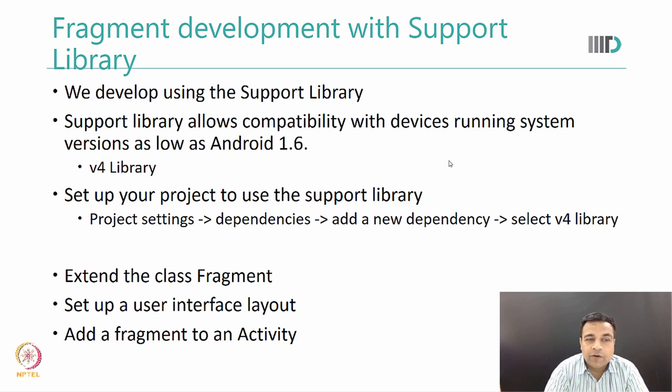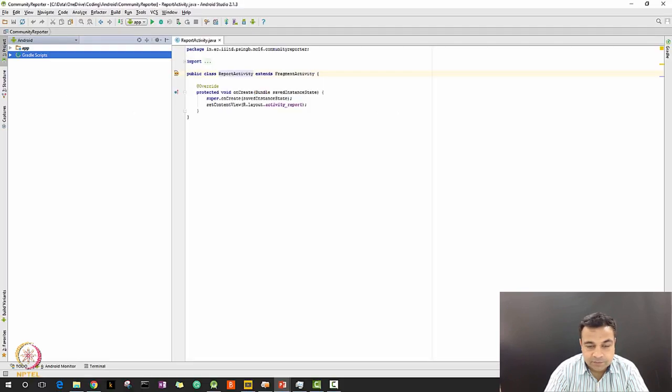So how do you develop your fragments with the support library? You will have to do some extra work, and let us see what you need to do. Let me open Android Studio and show you how to add the correct support library. So this is our Android Studio.